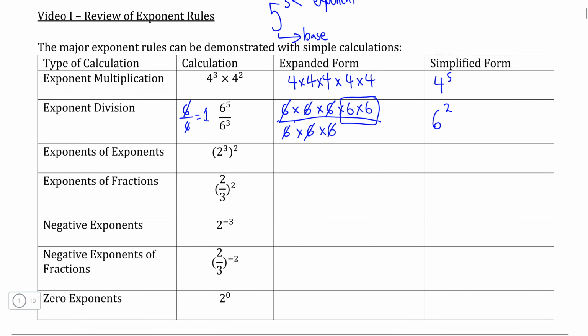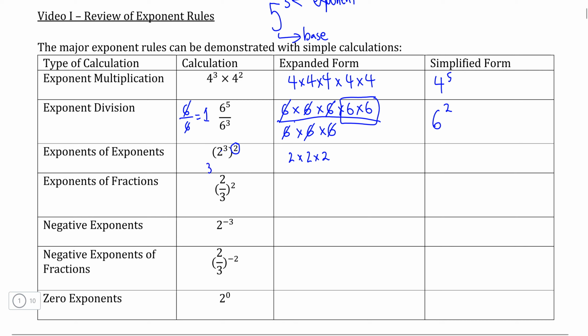Now, for our third rule, what happens if we are taking the exponent of an exponent, so to speak? Well, the first thing that we can do is write what's in the brackets. So this would be 2 to the exponent 3, so 2 multiplied by itself 3 times: 2 times 2 times 2. Now, remember that an exponent just tells us we're multiplying the base by itself.